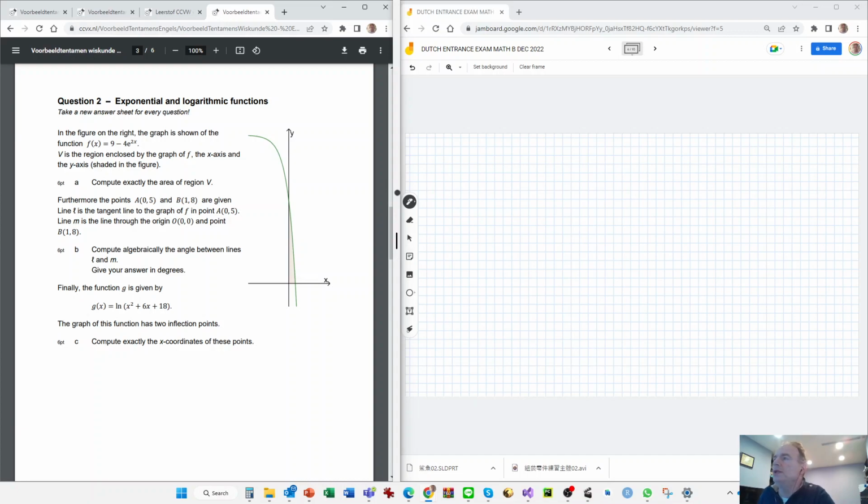Question 2b. We have the points A and B here, and a line L, which is a tangent to the graph F in point 0,5. And line M is the line through the origin and a point 1,8.